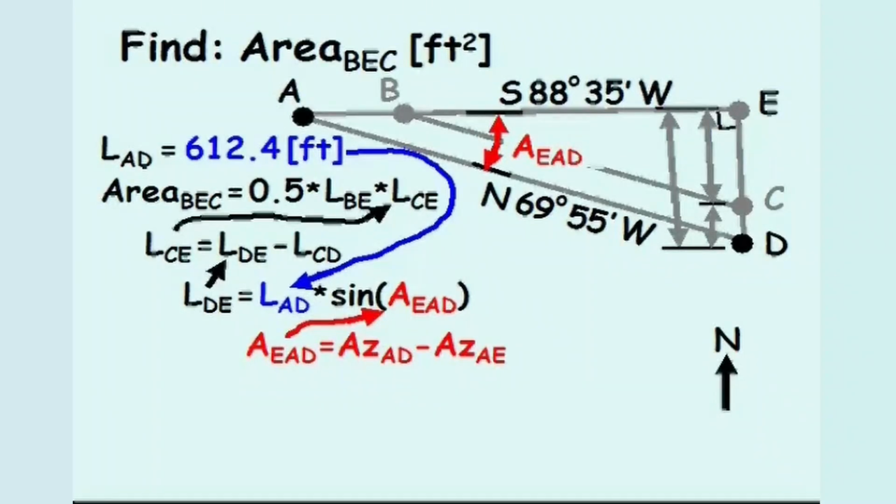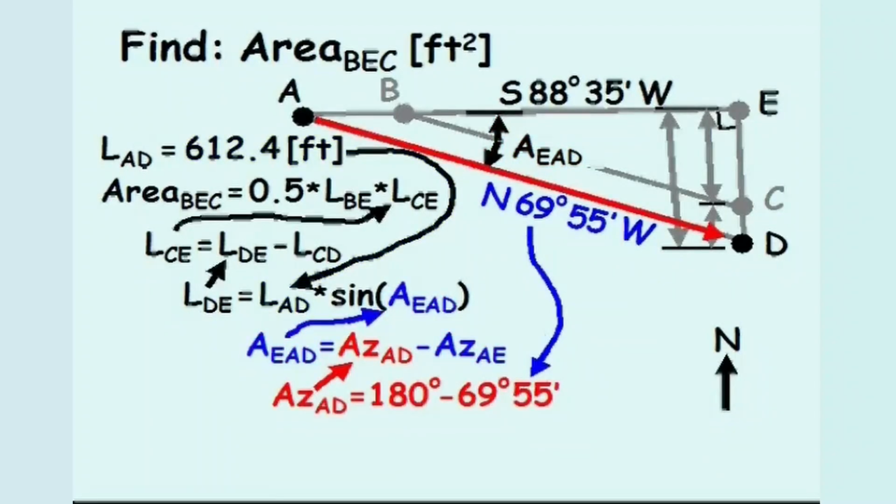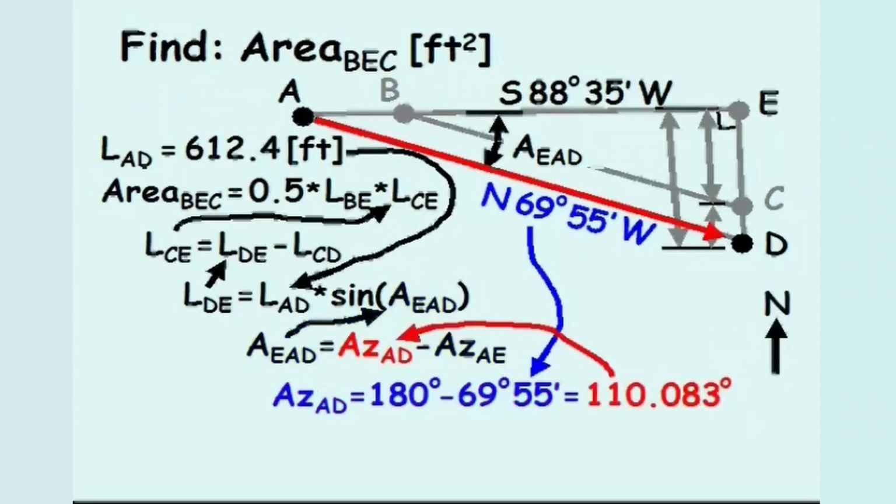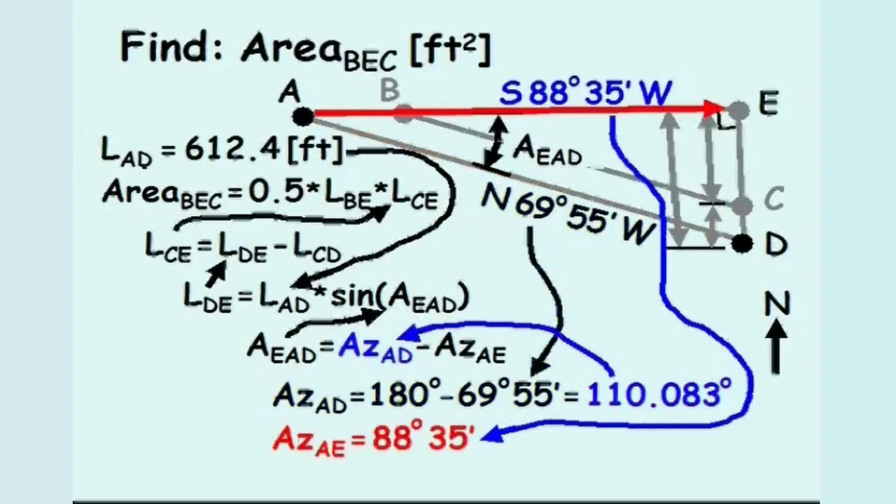The azimuth from point A to point D equals 180 degrees minus 69 degrees 55 minutes, which equates to 110.083 degrees. The azimuth of course AE equals 88 degrees 35 minutes.